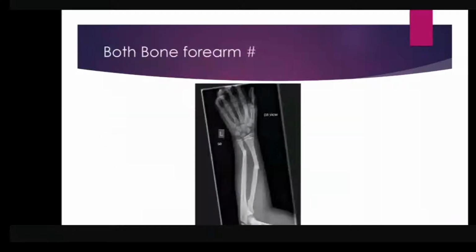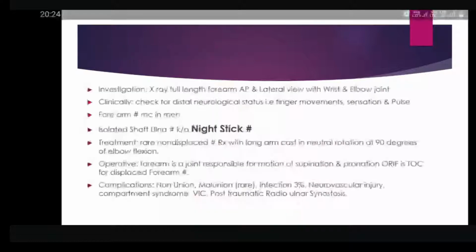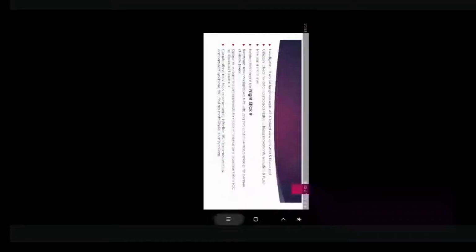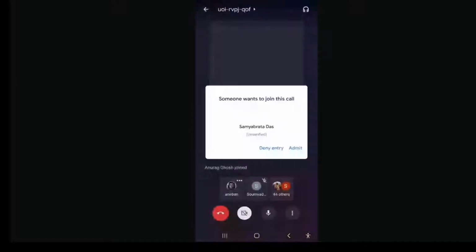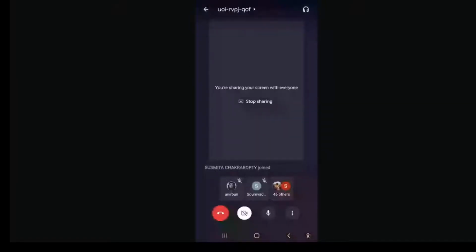Now next is both bone forearm fracture. Now Sir, again, can you let the boy? Some boys are waiting for the permission okay, to. that is a big issue. I should allow you to host this conference. Okay. Sorry, sir. Any more?